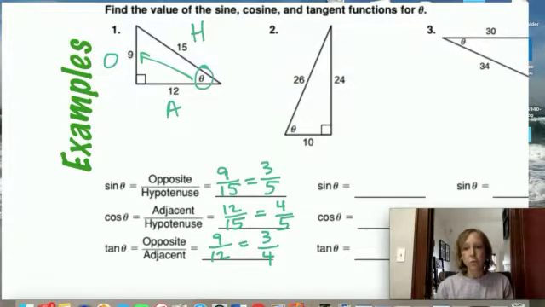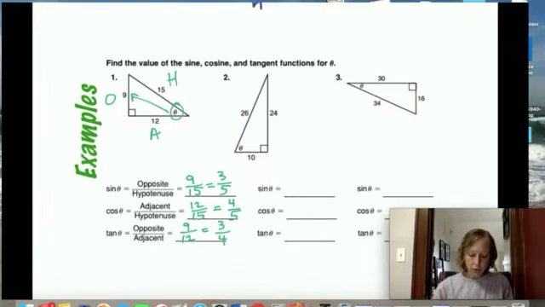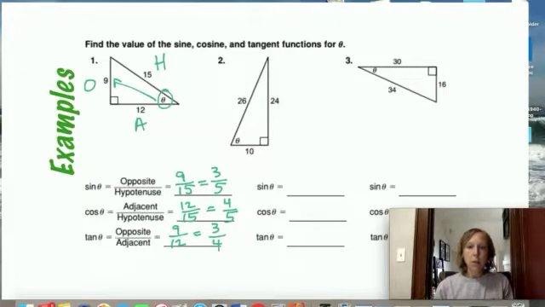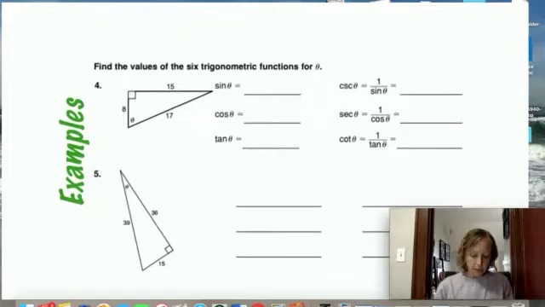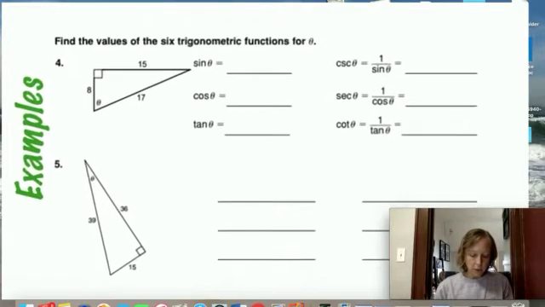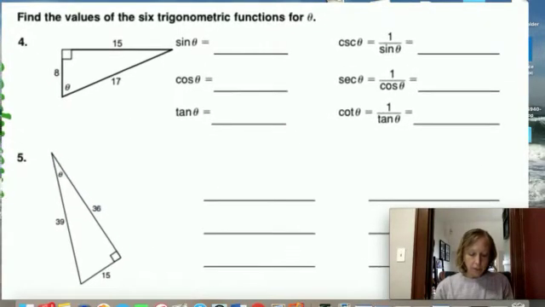And those are your 3 ratios. I'm going to leave the next 2 for you to do on your own, and we'll check our answers in just a moment. But before we break for that, let's do one more together, number 4 here, where we have to find all 6 of the trig functions.